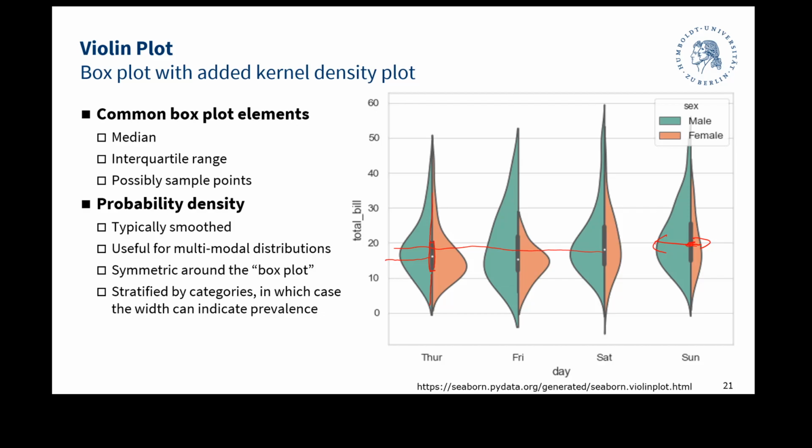they signal frequency. So basically the take home for Sunday is, okay, a lot more male customers than female customers. And for Thursdays, it seems more similar.